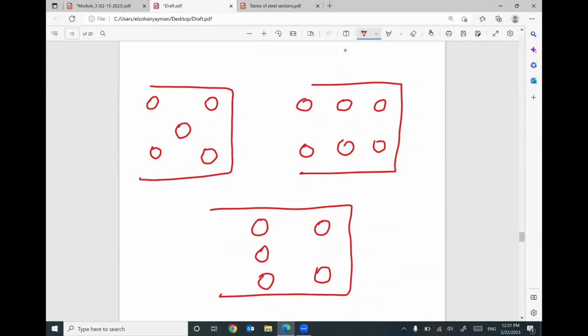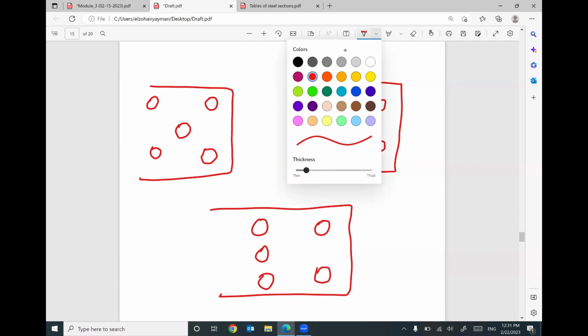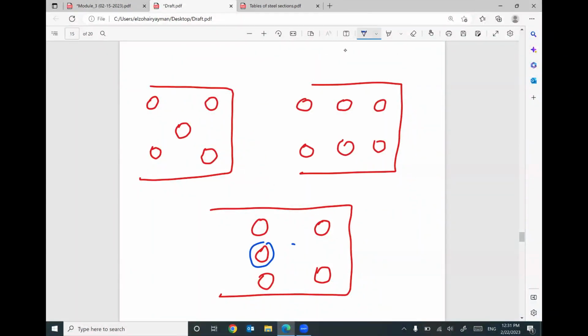Is it parallel or is it staggered? Can you understand what I'm saying? If this bolt moved a little bit here, and this one does not exist, that makes sense. It will be staggered. But unfortunately, this one is here, and we don't have another one here to make it parallel. So what do you think?